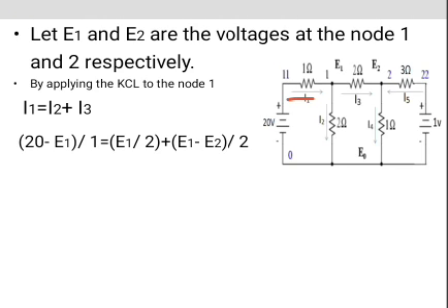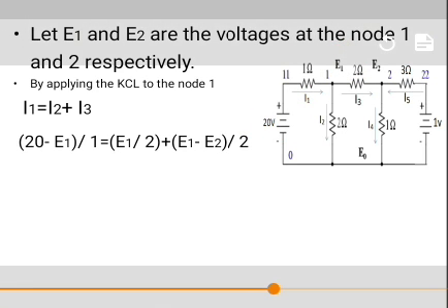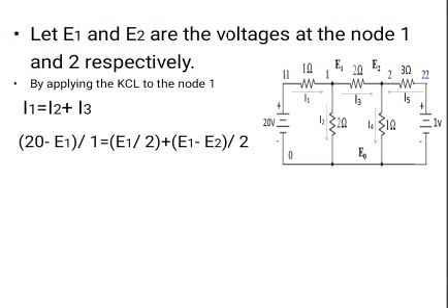That means depending upon the direction of the current, the starting point is the 20 volts, the ending point is E1. So 20 minus E1 divided by 1, where 1 means the total resistance, that means 1 ohm. The same thing for I2.